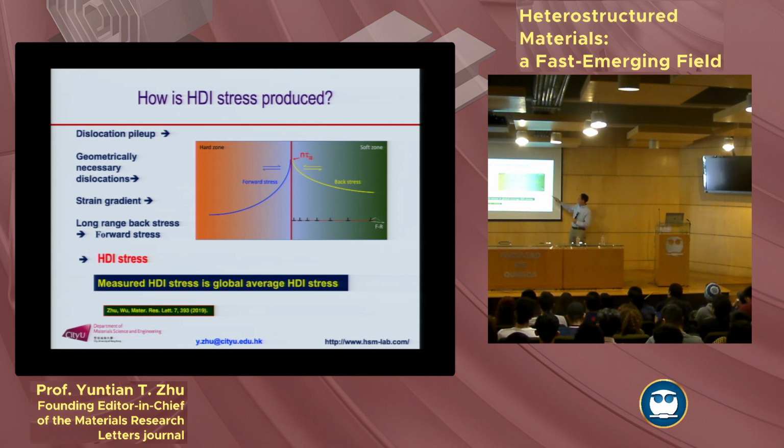You get to like 800, get more dislocations, you stop it again. To make this one appear much stronger. So that is what is called here the back stress, because it repels the dislocations from moving forward. So it is always in the opposite direction of the applied stress.